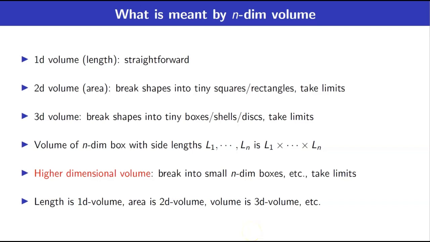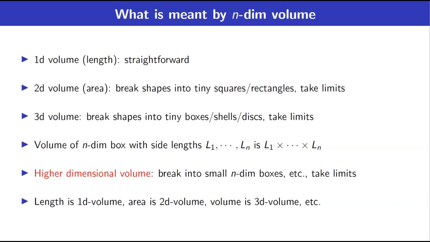So what do we mean by n-dimensional volume? Going with what we already know, one-dimensional volume is length. That's straightforward. Two-dimensional volume is area, as you've seen in Cal 2. You can break shapes into tiny squares and rectangles and take limits. Three-dimensional volume you've seen in Cal 2 and also Cal 3. You break shapes into tiny boxes, shells, disks, whatever the case may be, and you take limits.